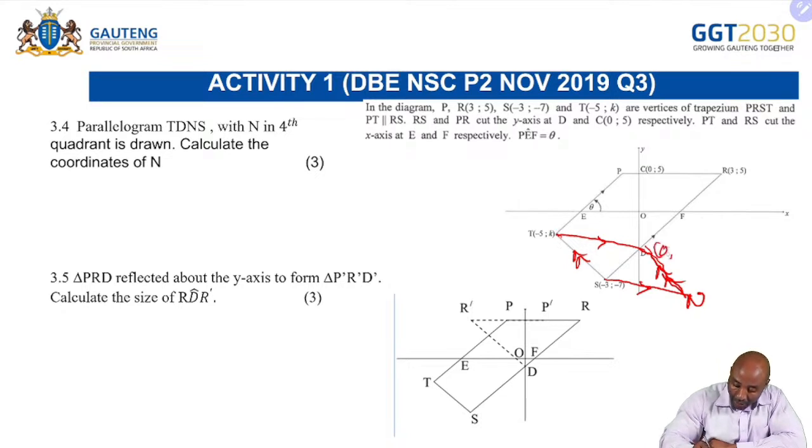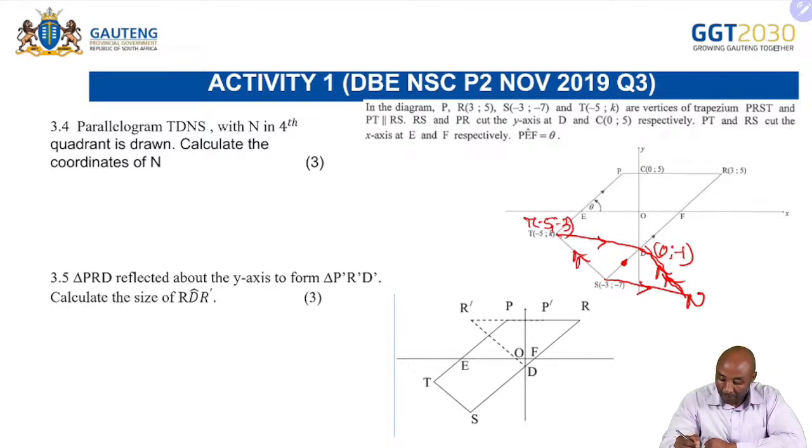We say the coordinates here are 0 and -1. So looking at this, we recall the properties of a parallelogram. What can help us get the coordinates of n? I have coordinates of s and d, meaning I'm able to get the midpoint here. And I know that the midpoint of SD is also the midpoint of TN. So I know that the coordinates of T are -5 and -3.